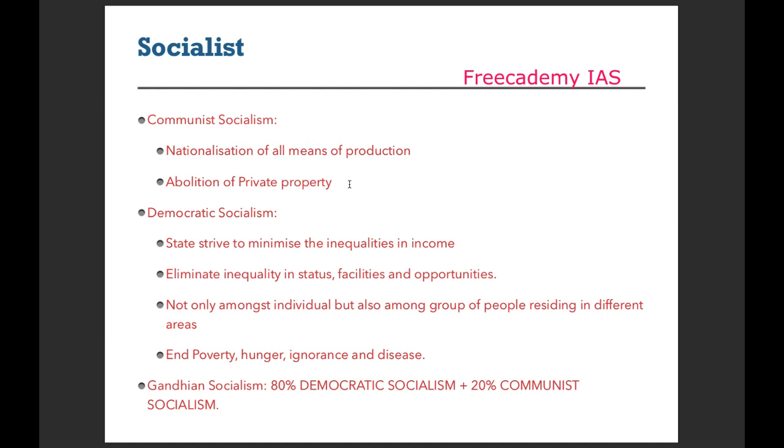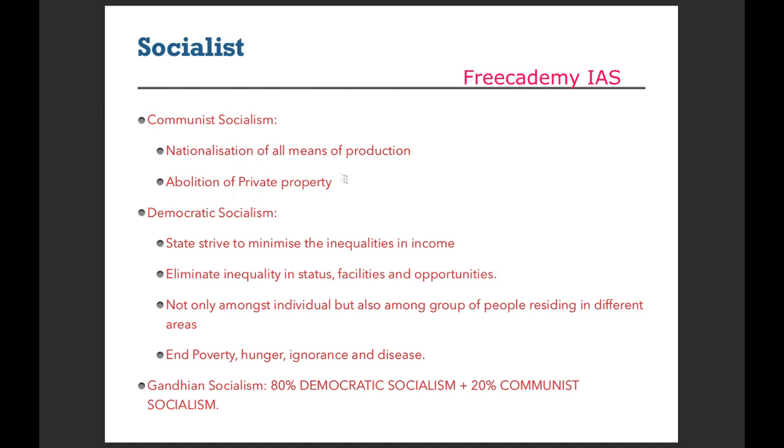When I use state and government in parallel, they are not exactly the same, but for right now you can assume so. So this is one concept of communist socialism, where there is nationalization of every means of production, even the steel industry, education, health. Everything is controlled by the government.